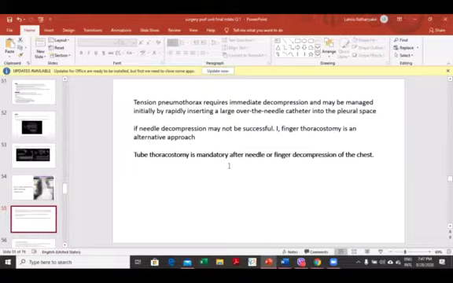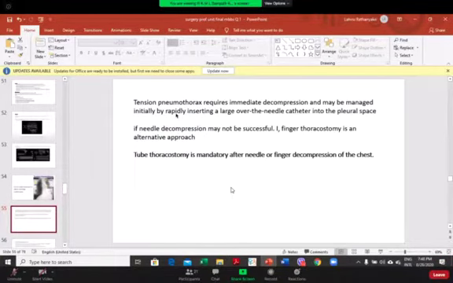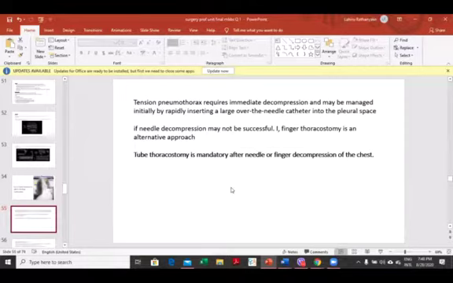So what is the immediate intervention? You have to do needle decompression. If it is not successful, you have to go for an alternative approach like finger thoracostomy. How do you do the needle thoracostomy? When doing needle thoracostomy, you have to first select the safe triangle.